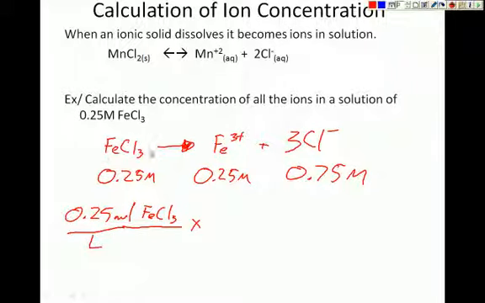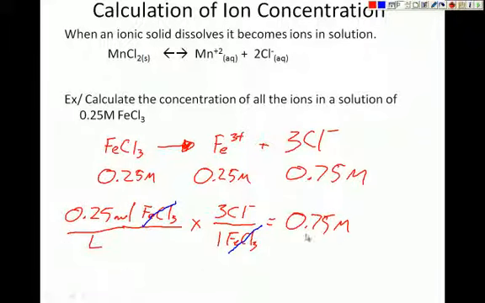Since it's a 1 to 3 ratio, you would go 3Cl minus divided by 1 FeCl3, and you'd see that this would cancel with this, and you're left with moles per liter of chlorine. And so 3 times 0.25, well, that's 0.75. Okay? But on a test or when you're doing your calculations, you don't have to show this thing right here. You can just show a formula and write something like that right there.